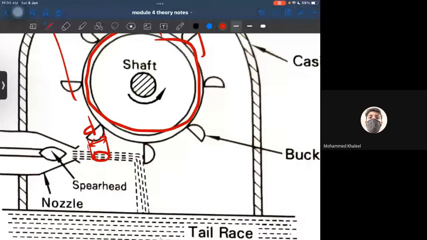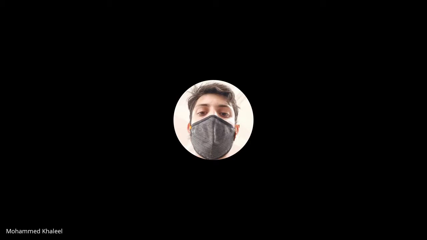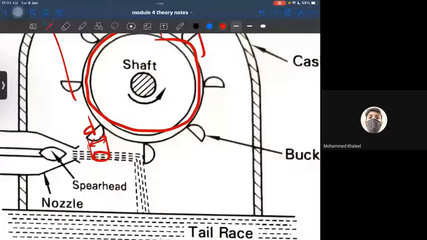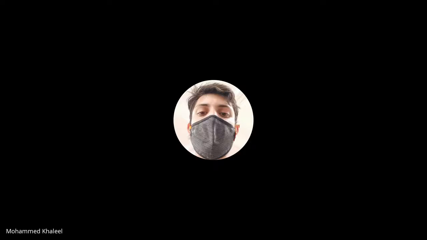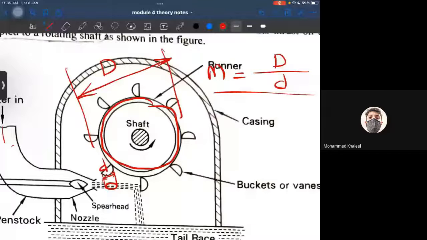So the ratio of the diameter of the Pelton wheel, capital D, to the diameter of the jet, small d, is known as jet ratio, small m. So what do you mean by jet ratio? It is a ratio of the diameter of the Pelton wheel to the diameter of the jet.